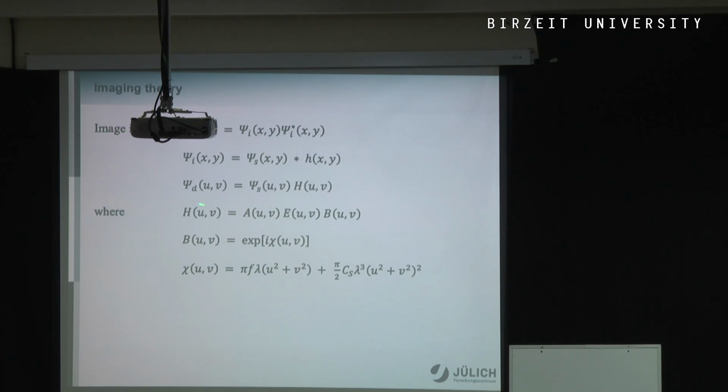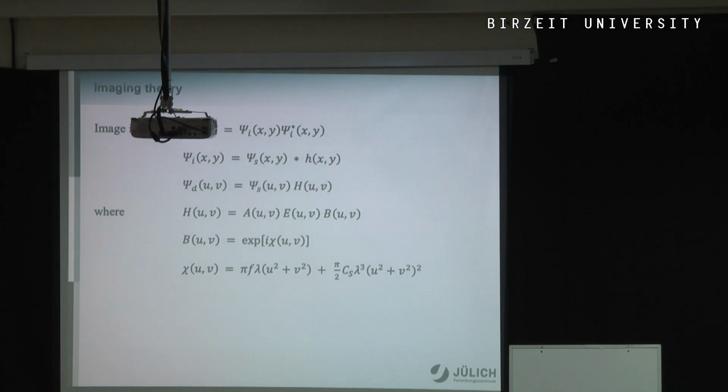Now, this blurring function in reciprocal space has a number of different contributions. The effect of an aperture, some envelope functions which describe partial spatial and partial temporal coherence, which I won't go into now. And then e to the i times the aberration function, which I introduced on the previous slide. And the aberration function is again shown here, but now with the reciprocal space coordinates in 2 dimensions.